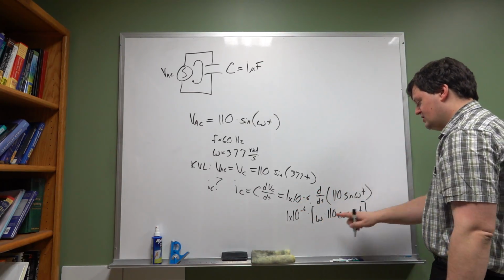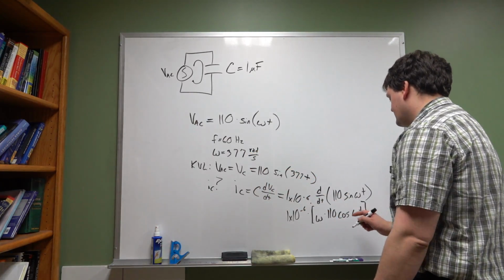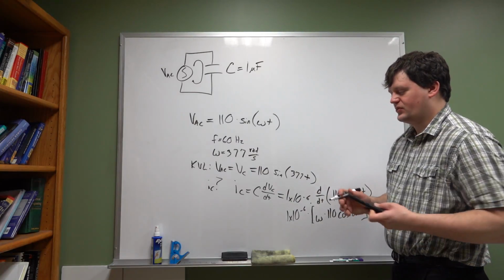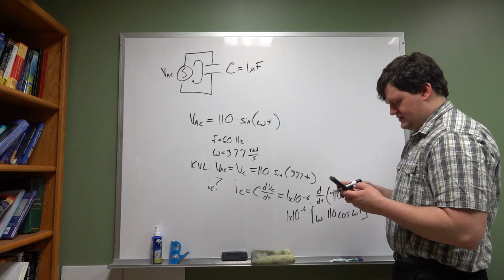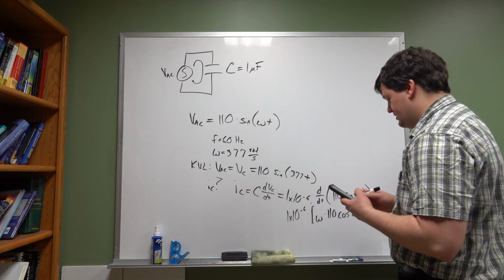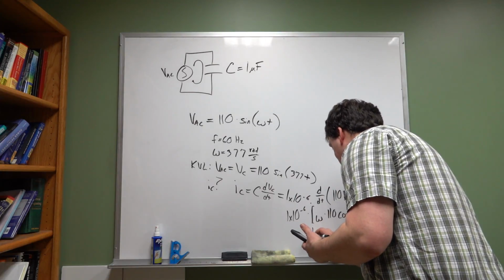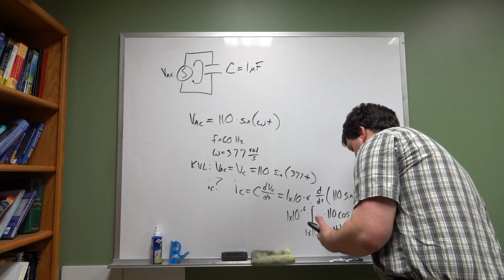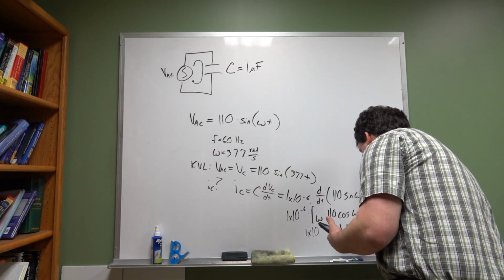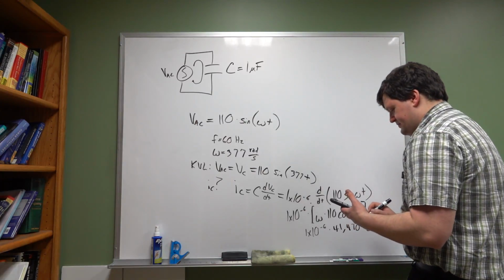Here's the derivative. We know that omega is equal to 377. So, again, pardon me because I can't do this in my head. 377 times 110 means that this is 1 times 10 to the negative 6th times 41,470 times cosine omega t.